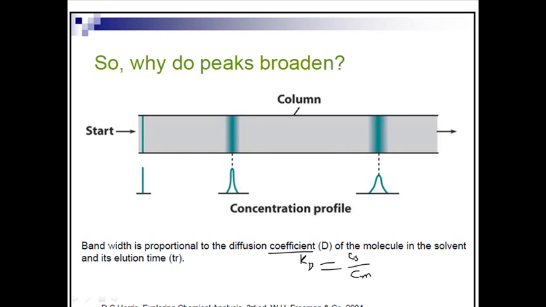So if the concentration of analyte molecules is higher in the stationary phase, that means the analyte molecules have a tendency to attach to the stationary phase molecules, then the diffusion coefficient is getting higher, and when it is getting higher, we have broad bands like this. So bandwidth is getting increased. Remember, the KD is increasing as well.